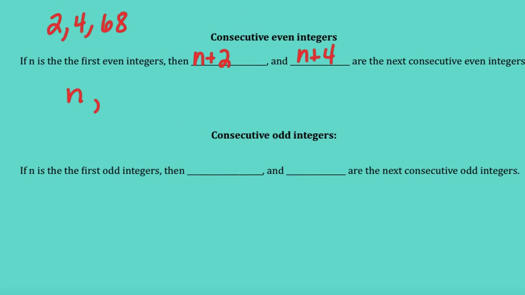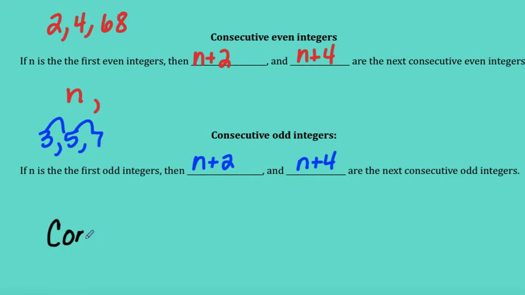Now let's look at odd integers. If n is the first odd integer, with odd numbers like 3, 5, 7, what you might notice is they're also 2 away from each other. So if n is the first odd integer, the next one would also be n plus 2 and n plus 4. So we have to be careful and look carefully at the words that they give us.